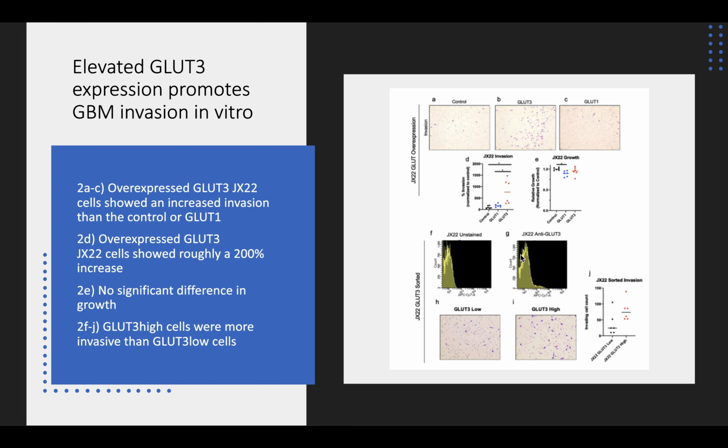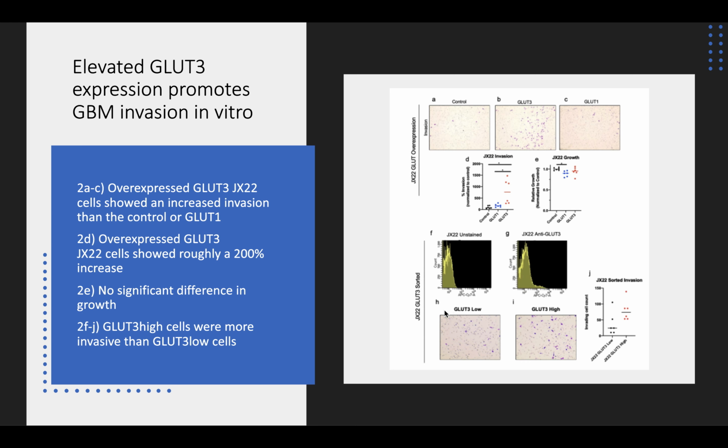Again, in figure 2G, as it relates to JX22 anti-GLUT3, the x-axis represents APC-CY7-A, and the y-axis represents the count.